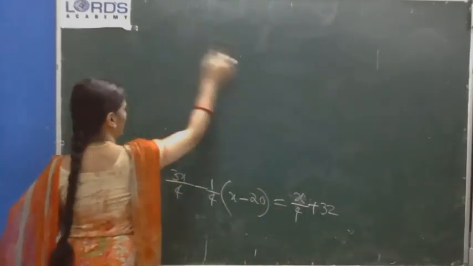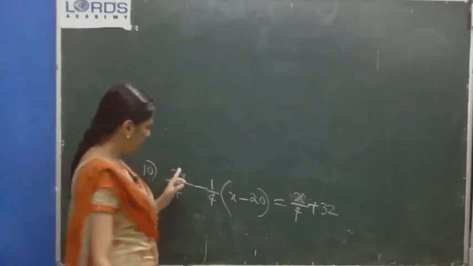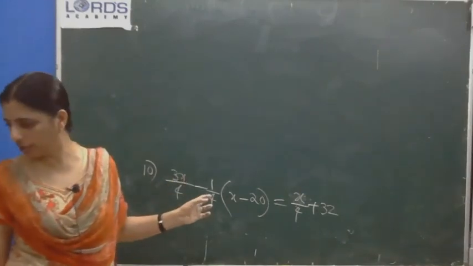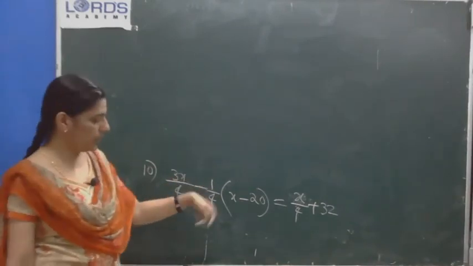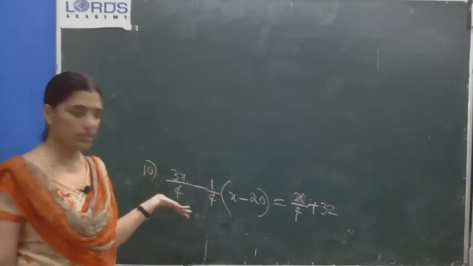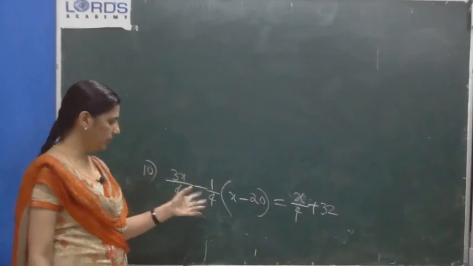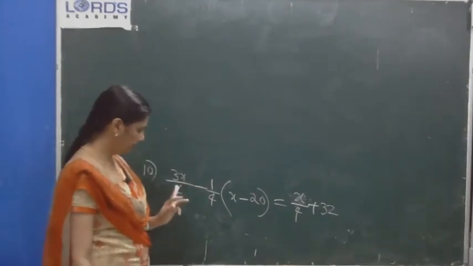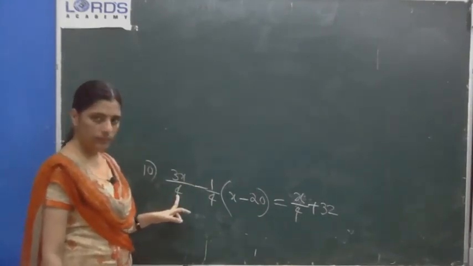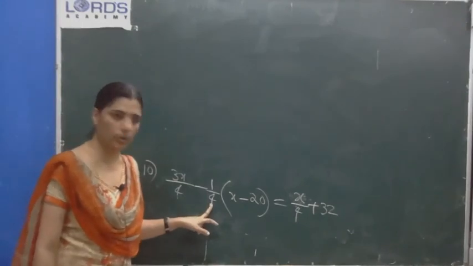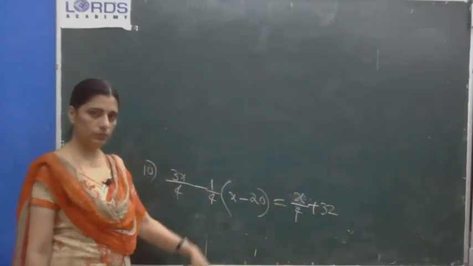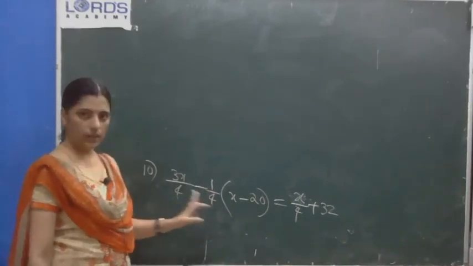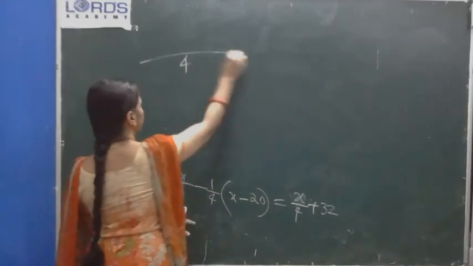Now you became energetic, no? 3x by 4 minus 1 by 4 into x minus 20 equal to x by 4 plus 32. Here 4, so LCM is 4, no? Right side I am not minding now. Left side, 4 is the LCM.